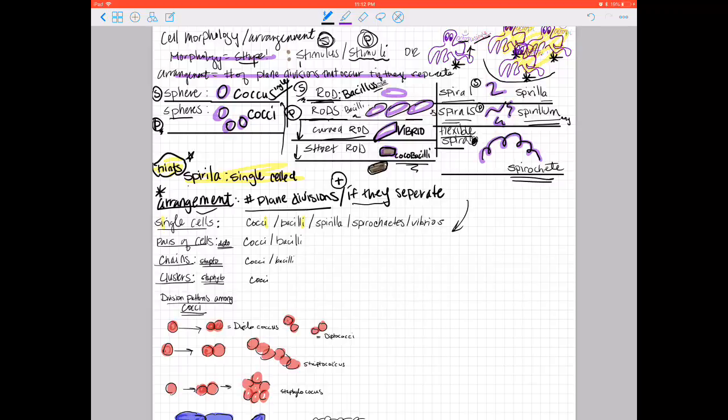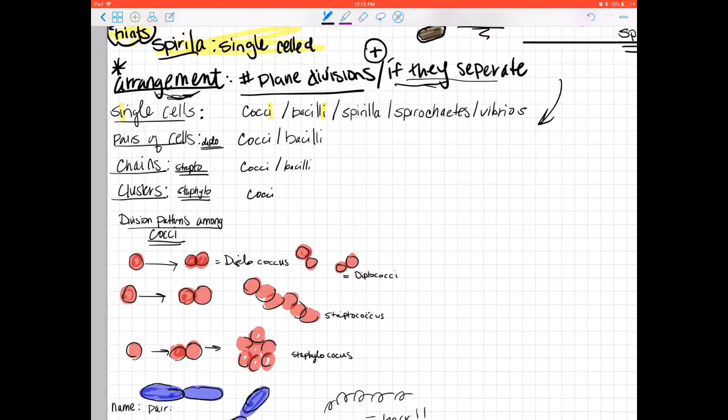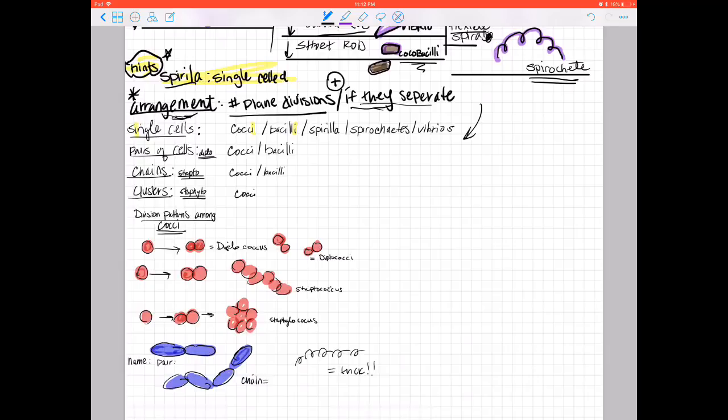Spirillum are single celled, and when we talk about arrangement, just remember this: arrangement is essentially the number of plane divisions and if the cells separate. Okay, so when you talk about these plane divisions, we have single cells, pairs of cells, chains, clusters. All right, so we're talking about the plane divisions, right?